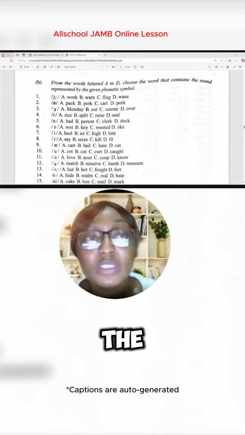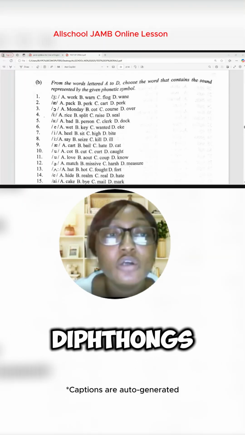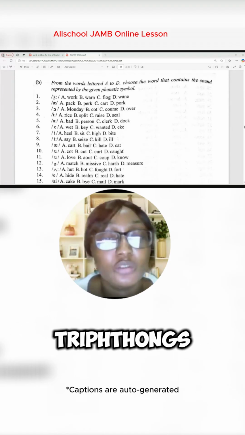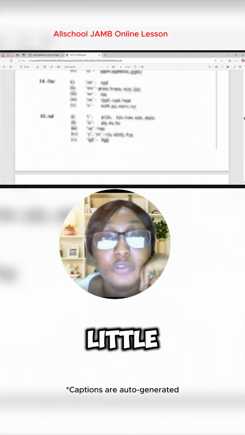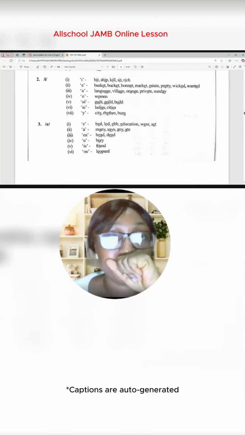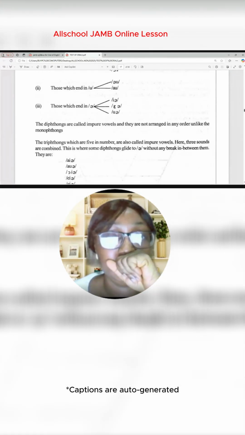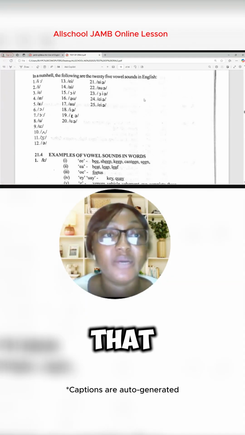We've looked at all of the vowel sounds, all 25 of them: the monophthongs, diphthongs, and triphthongs. So I'm just going to scroll up a little for those that are just joining in. These are all of the 25 consonants that we have.